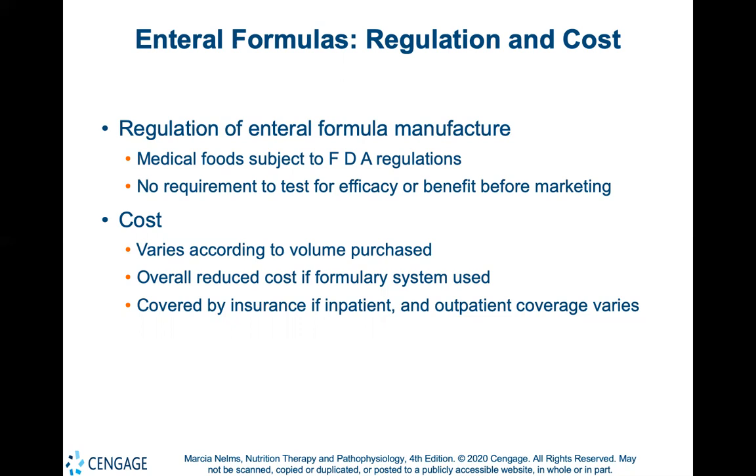Many institutions implement a formulary system that limits the total number of products, resulting in an overall reduced cost. Patients who purchase a few cans of formula from a retail grocery store or pharmacy typically pay a much higher price than large institutions that purchase thousands of cases each year. Enteral feeding ordering during hospital admission is covered within insurance coverage for hospital stay.